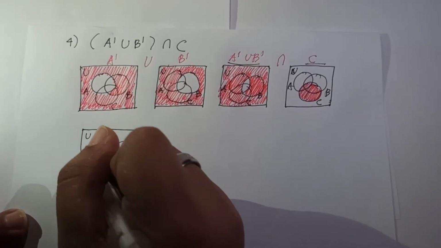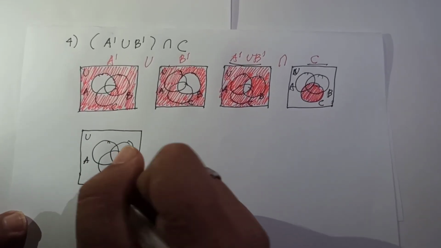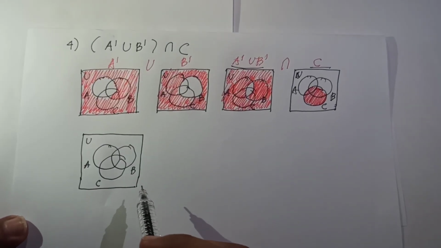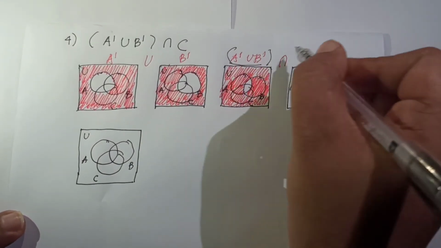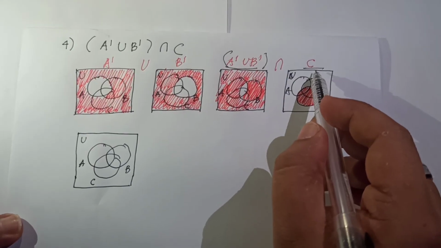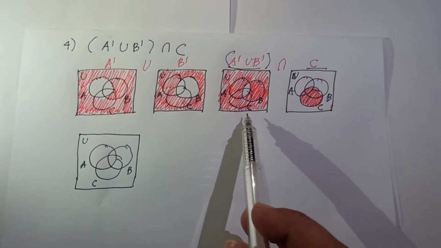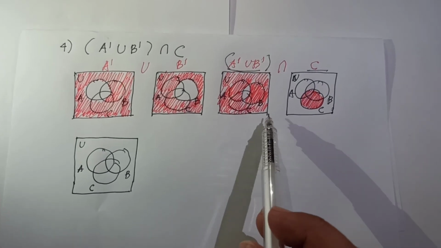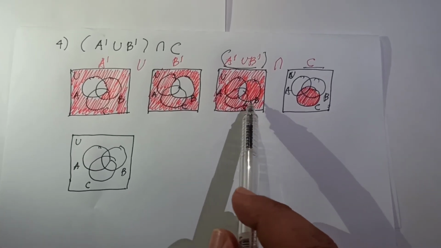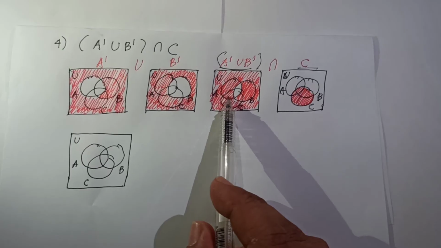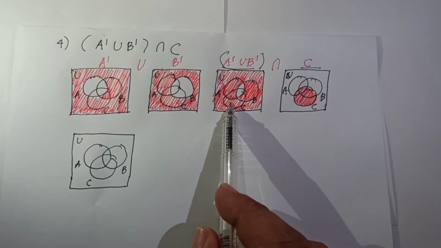Okay. This is our A, this is our B, and this is our C. So the intersection between these, if we're going to look at what is the intersection. Okay, the intersection is this part, and this part.